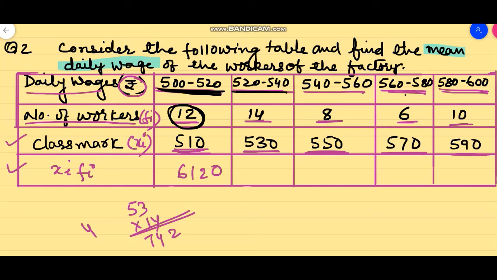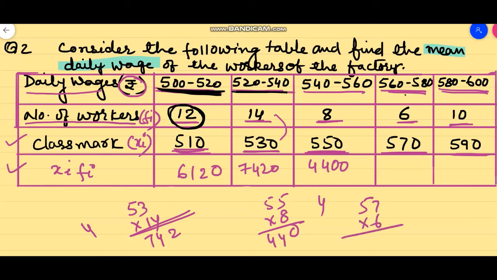So here you will get 7420. Now 55 into 8: 8 5s are 40 and 4 is 44, so you will get 4400 here. Now 570 into 6. So 57 into 6: 6 7s are 42, 6 5s are 30 and 4 is 34. So this will give you 3420, and 590 into 10 will be 5900.